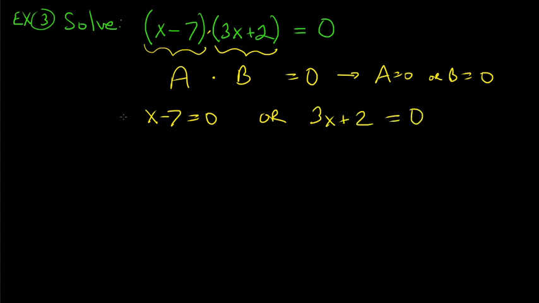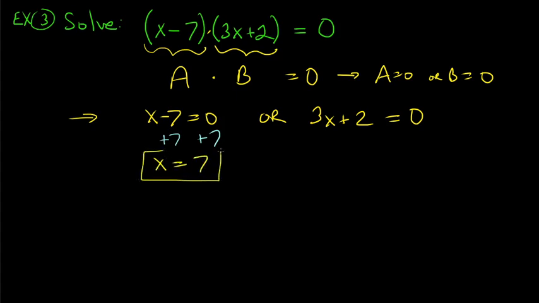Okay, so now we're just solving both of these, or either of them, right? And each of these is just a linear equation. So you should know how to solve x minus 7 equals 0. Obviously, we're just going to add 7 to both sides. And that leaves us with x equals 7. Right?